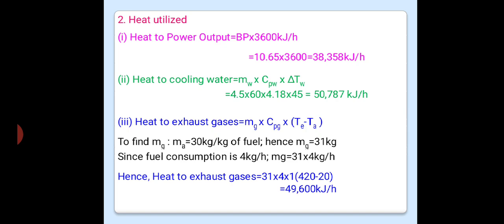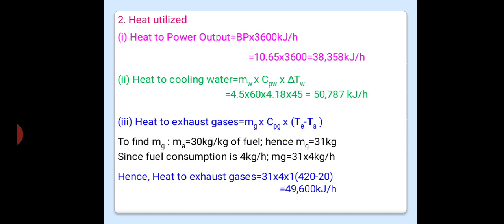Third, we have to calculate heat to exhaust gases. So we have the formula m_g into c_pg into (T_e minus T_a). Now in this formula, m_g mass of the gas, c_pg specific heat of the gas, T_e exhaust gases temperature, and T_a atmospheric temperature. Now first we have to calculate the mass of the gas. Mass of air they have mentioned 30 kg per kg of the fuel, so from this we got the mass of the gas is 31 kg.